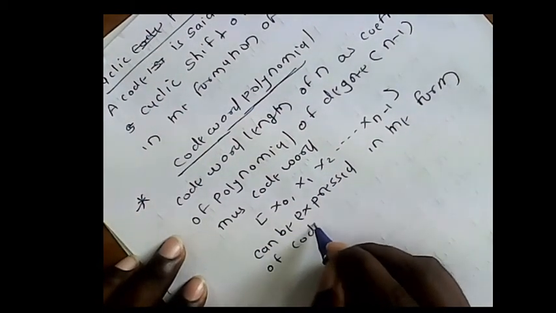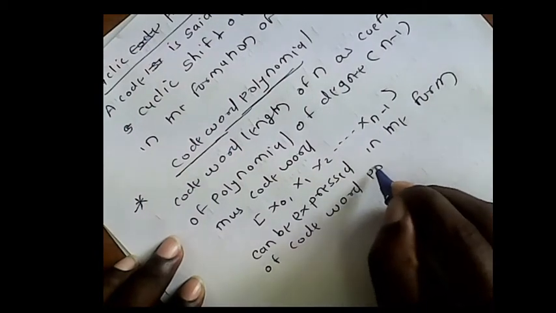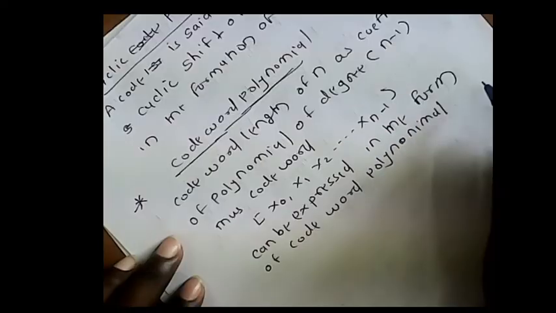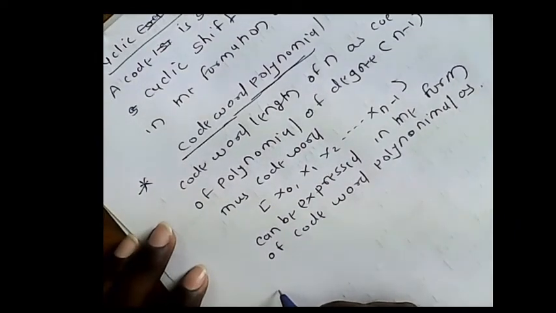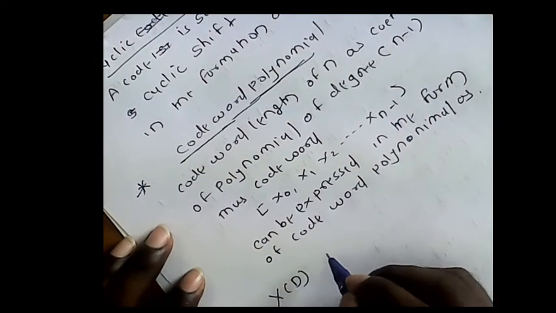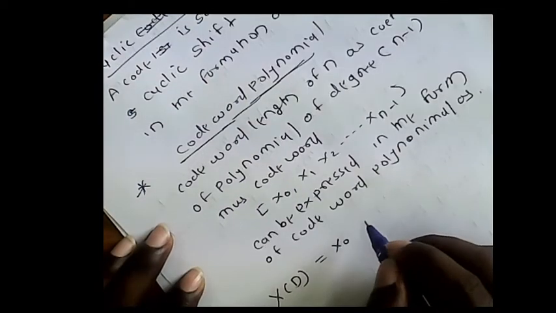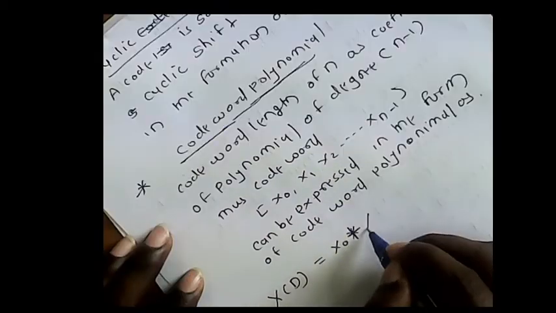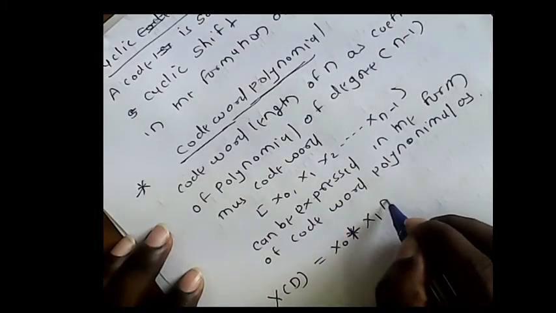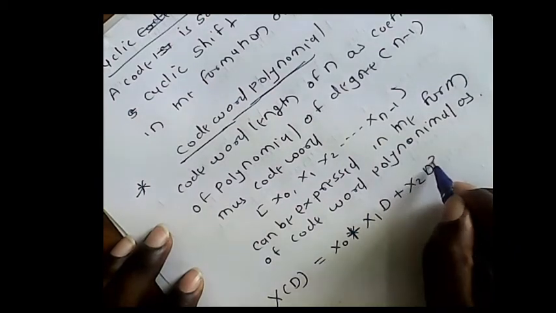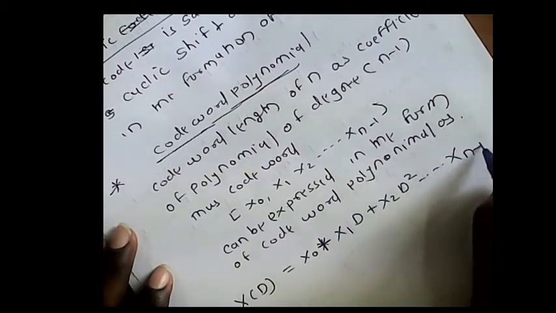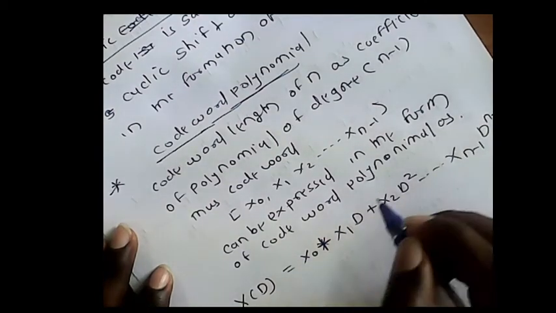The code word polynomial is X(d) equal to x0 plus x1 d, plus x2 d squared, up to xn minus 1 d raised to n minus 1.